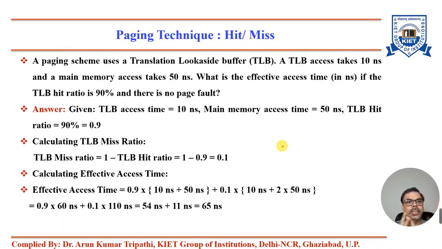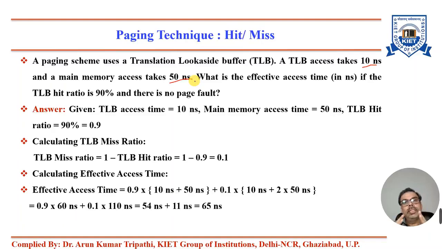Let us consider it by example, that will be better. A paging scheme uses the TLB. A TLB access takes 10 nanoseconds, which means the searching time of the TLB is a maximum of 10 nanoseconds. Main memory access takes 50 nanoseconds. That means if data is not found in the TLB, then the searching will take 50 nanoseconds.